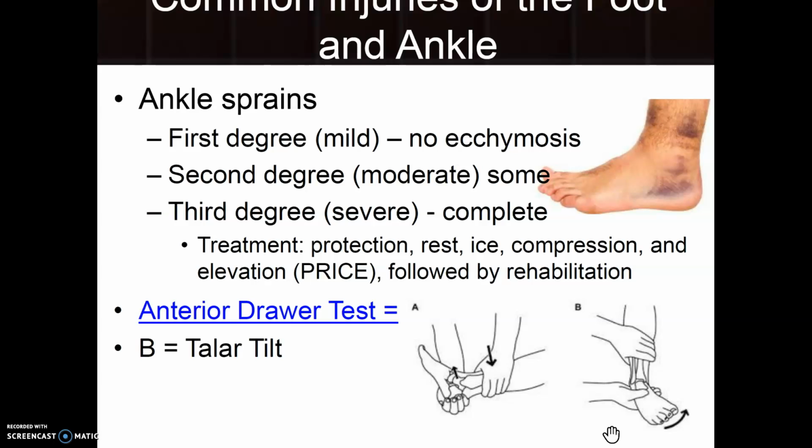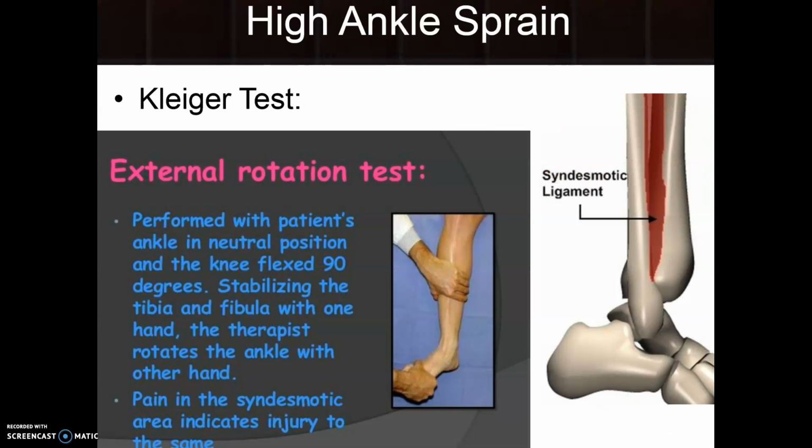You have to rule out other structures that could be involved. So we'll move on to some other special tests. The Kleiger test, which is also called the external rotation test. This is putting a stress on the deltoid ligament.